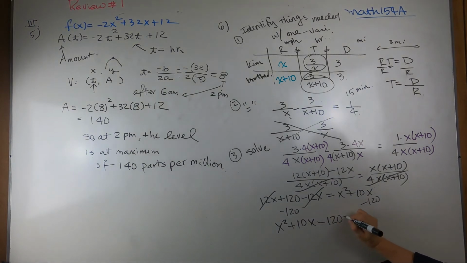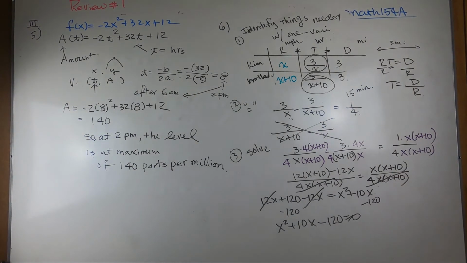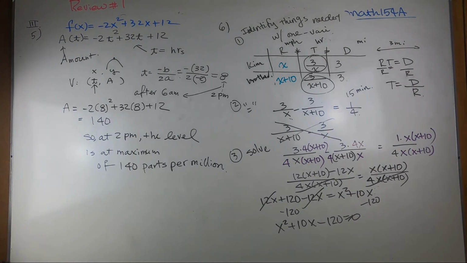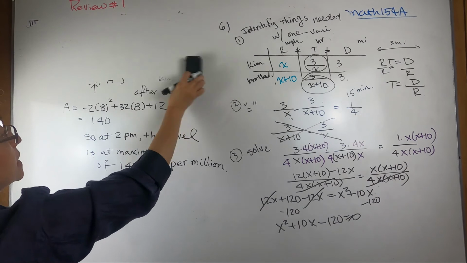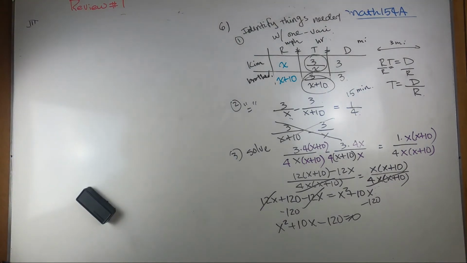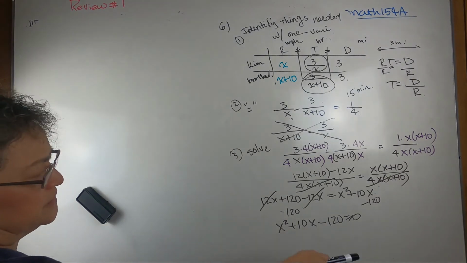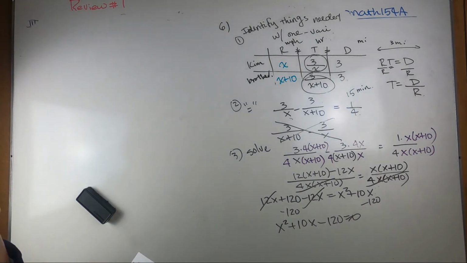So we change the rational equation, a non-linear equation, to a quadratic equation, right? Then usually if we can factor it, 12, 120, 12, and 10 cannot make 10. So for this one, we don't have good numbers.